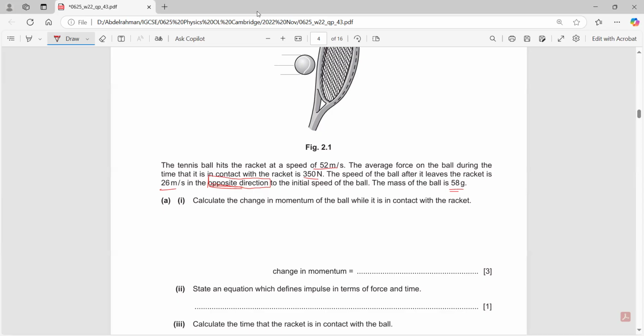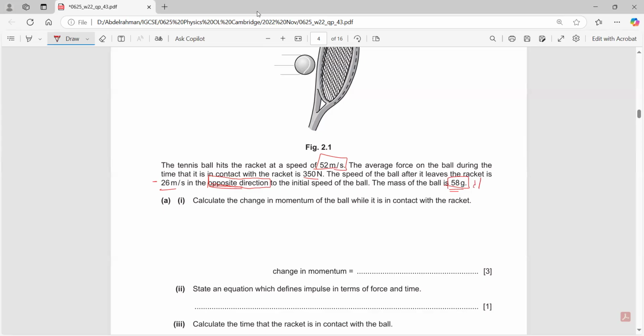So for example, if you want the 52 to be positive, the 26 has to be negative 26. It cannot remain positive. Why? Because it's moving in the opposite direction. That's the whole point of teaching you what a vector is.